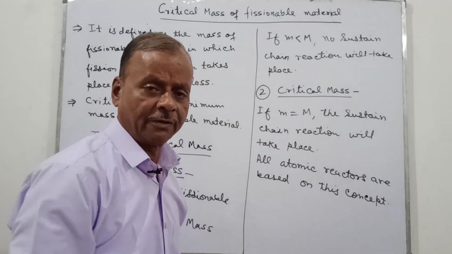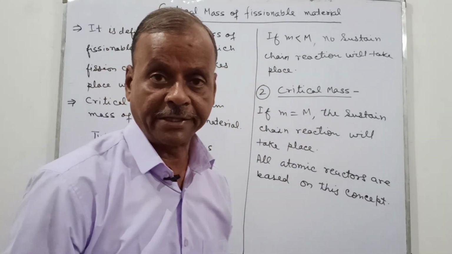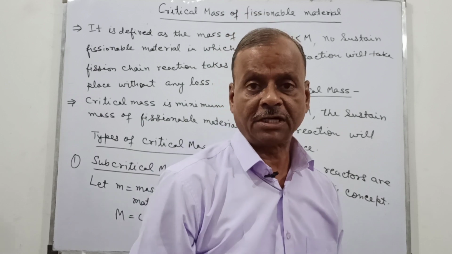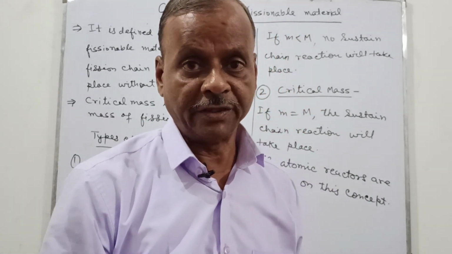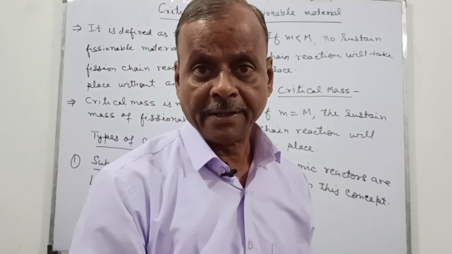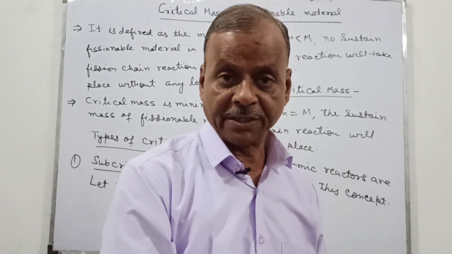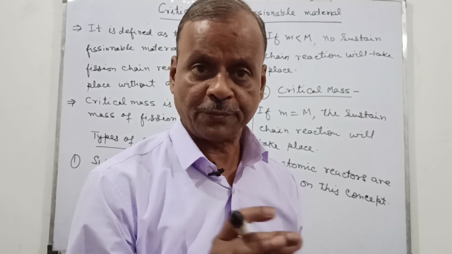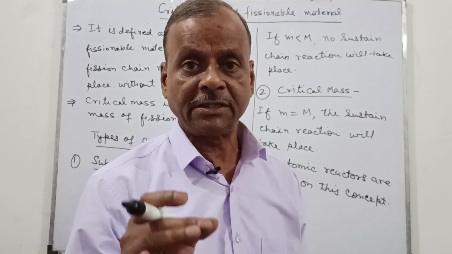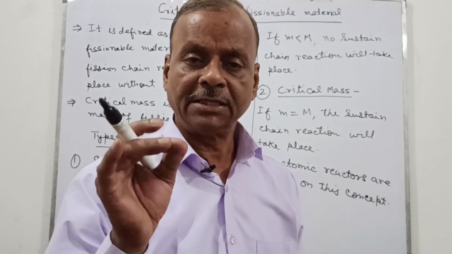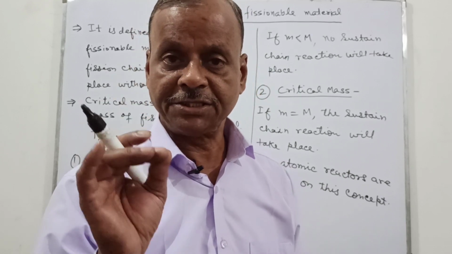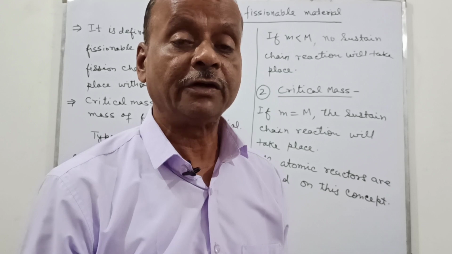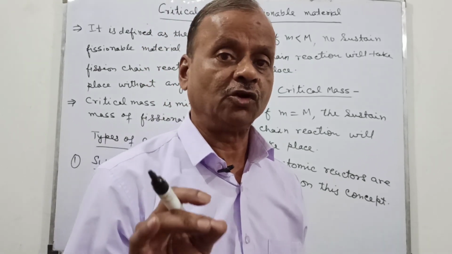You have studied about the atomic reactors. There are the controlling rods. When these rods are taken out from the chamber, then the reaction starts, and when these rods are inserted in the chamber, then the chain reaction stops. So according to our necessity, we can start and we can stop this chain reaction. So this is what is used in atomic reactors.